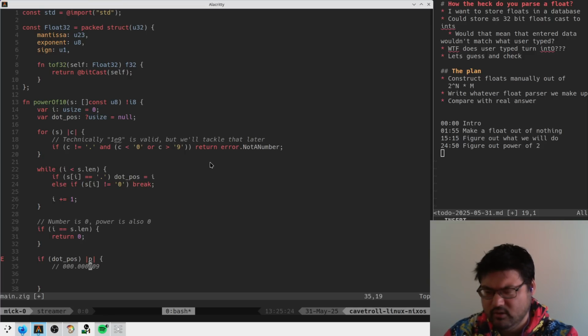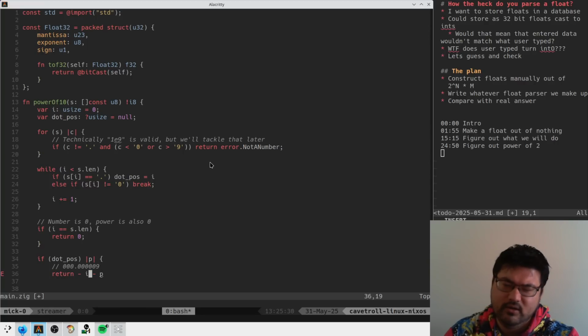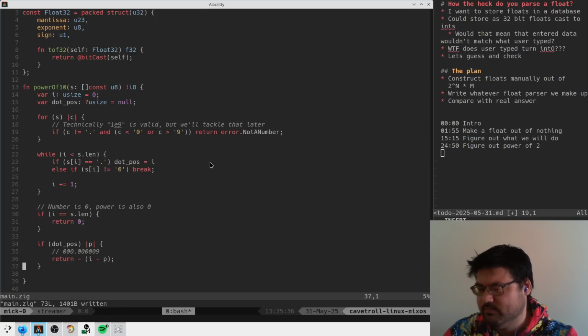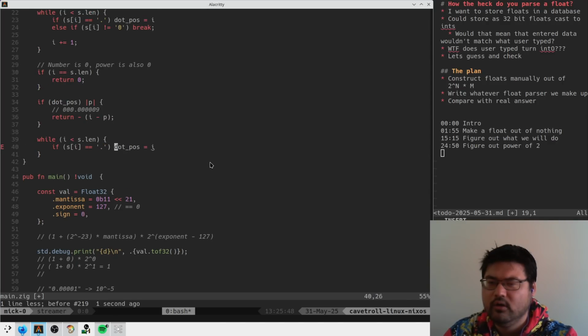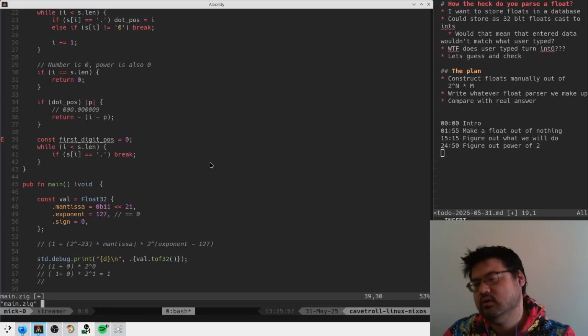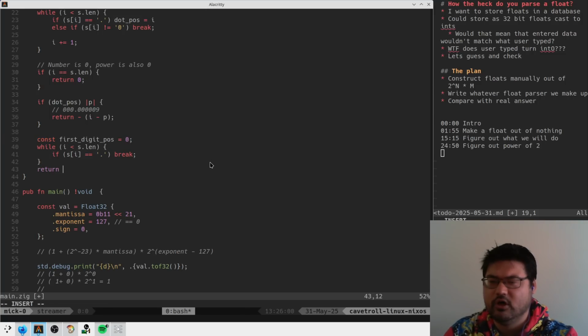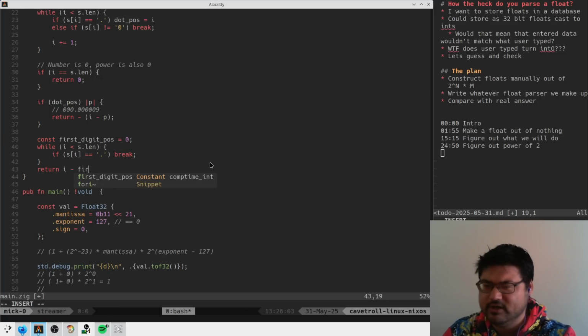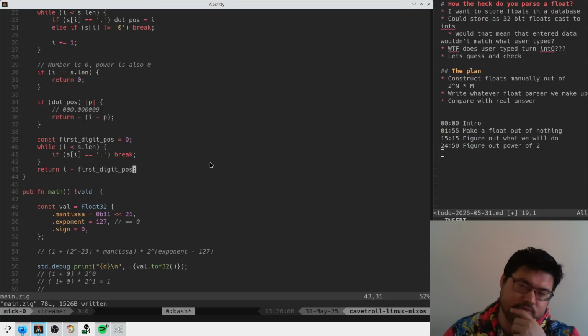Is that right? Yeah, so I think it's literally just like return negative I minus P, where we are minus the position of the dot. Otherwise, we have to keep parsing until we find a dot. So here we say keep going till we find a dot. And here I guess we probably set the first digit pause. And then we return first digit I minus first digit pause. That sounds right.